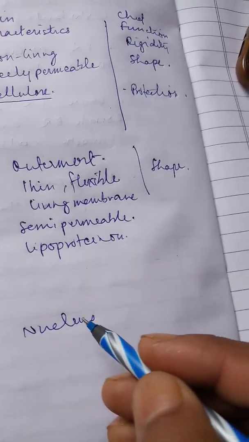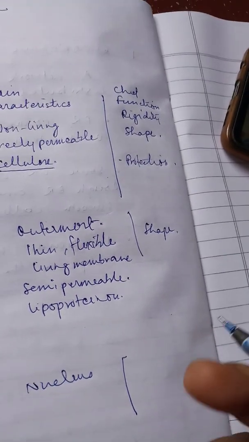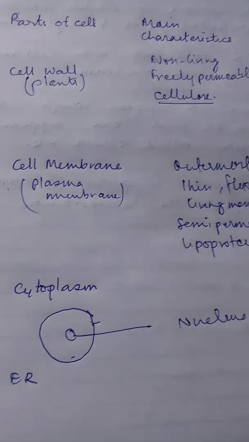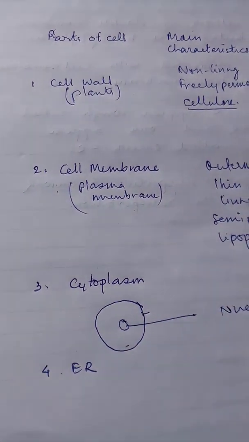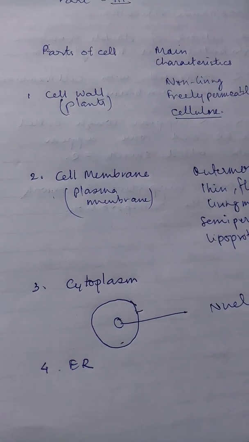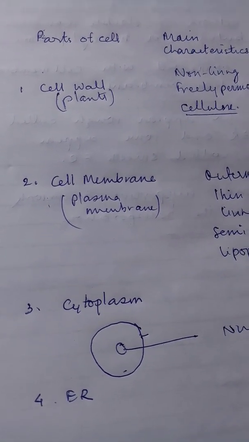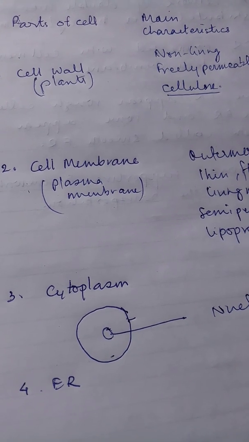Now what are the functions? Different organelles contained in it perform different functions, means whatever organelles are present inside the cytoplasm perform various functions. No organelle interferes with the function of another organelle.